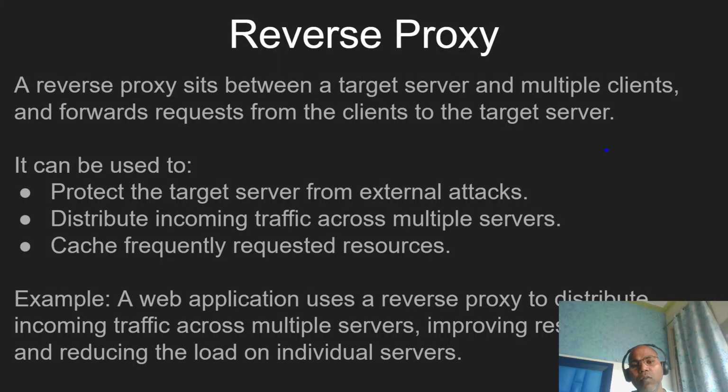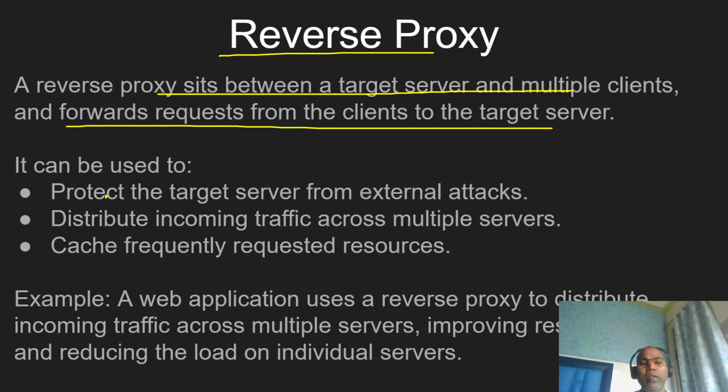And similarly there is the reverse proxy. A reverse proxy also sits between the servers and multiple clients and forwards requests. It protects the server from external attacks. Here it is just the reverse. Previously we were ensuring that our employees do not access unintended sites. Here, for whatever server I want to protect, no unnecessary person can access my server.